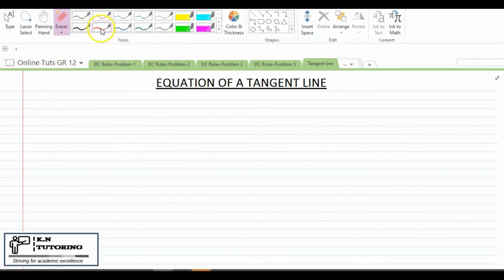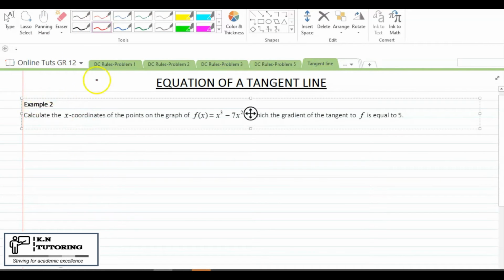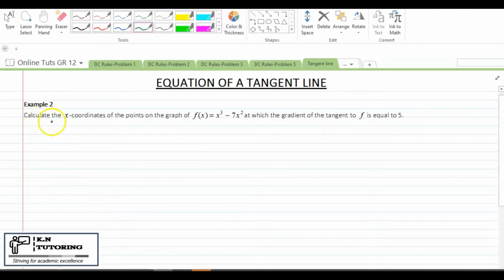Now, example 2, it says, calculate, determine, evaluate the x-coordinates of the points on the graph of f of x is equal to x cubed minus 7x squared, at which the gradient of the tangent to f is equal to 5.